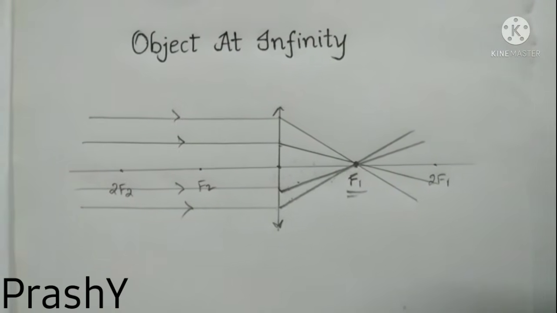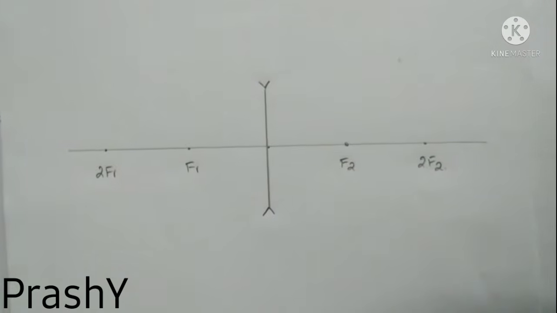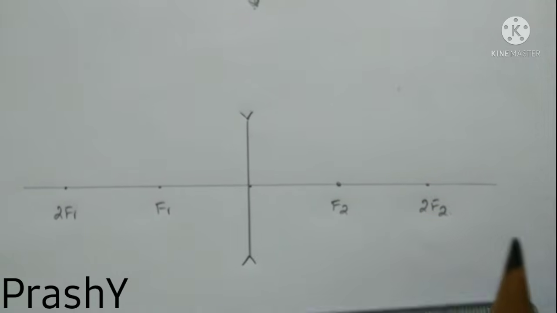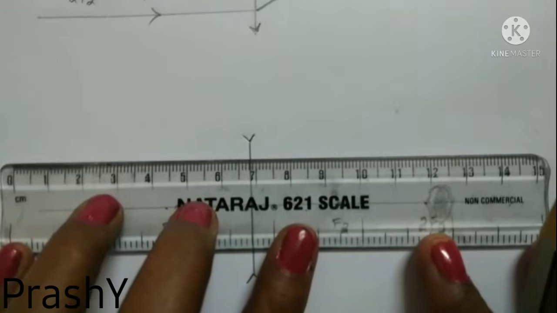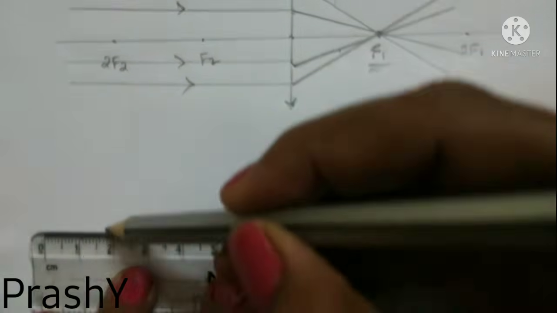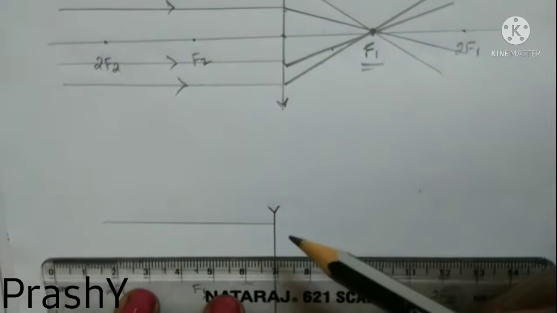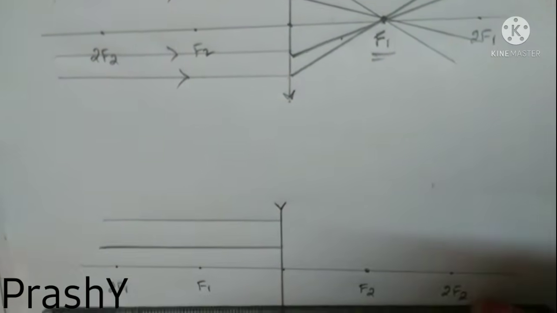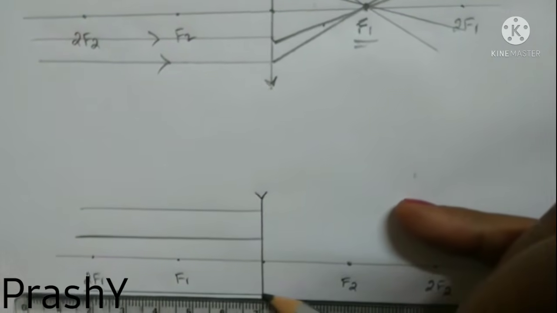Now let us observe the concave lens. Let us see how the image forms. These are the parallel rays. The rays are parallel to the principal axis because the object is at infinity. These parallel rays are falling on the lens.